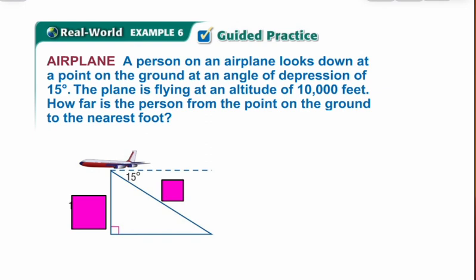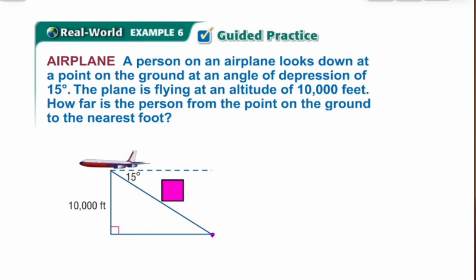They have to drop their head 15 degrees to see the person on the ground. So there's a person standing right here. Okay. Now it says the plane is flying at an altitude of 10,000 feet. So that is your vertical height, 10,000 feet. So that goes there.